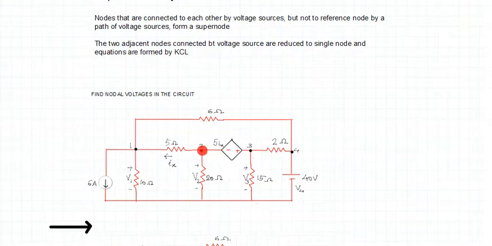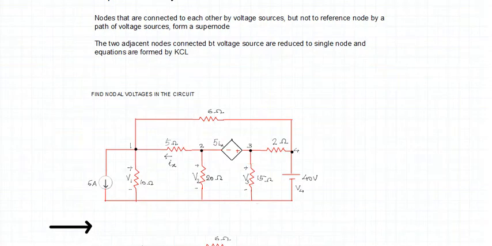Now we don't apply KCL separately to node 2 and separately to node 3. Instead, we apply KCL together to this supernode, to both the nodes. So how do we do that?